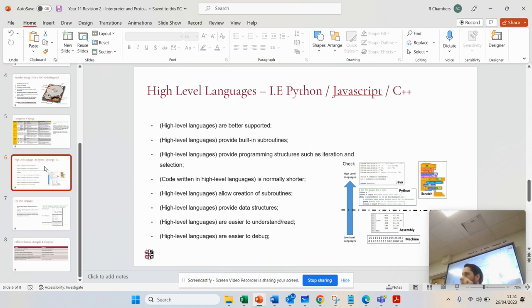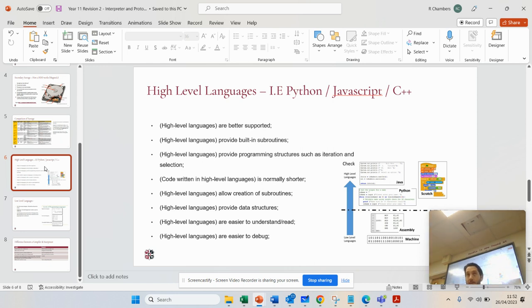You can find out what little bits of code do. High-level programming languages also have subroutines built into them that you can use. Think about it. There's libraries there as well. It's got structures such as iteration, selection. Think about it. When you do the if this happens, I indent. It's got those structures there that help you as a developer.